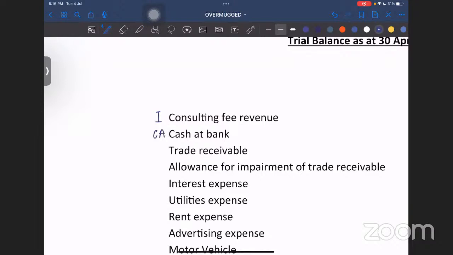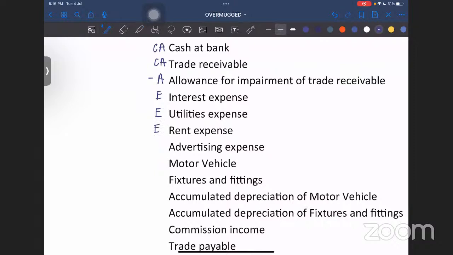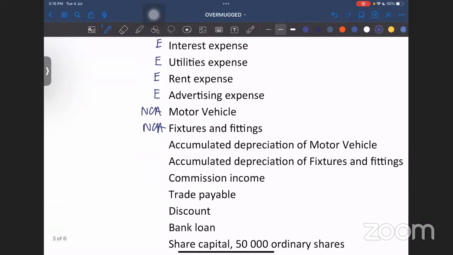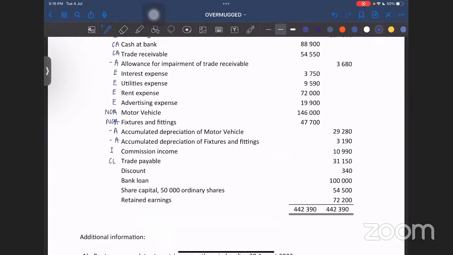Current asset, contra A, expense. Okay, this one, NCA, accumulated depreciation, contra asset. Income, CL.